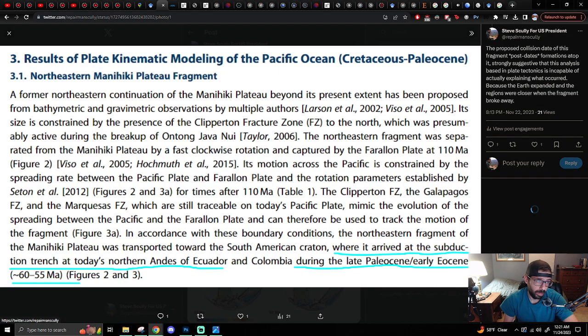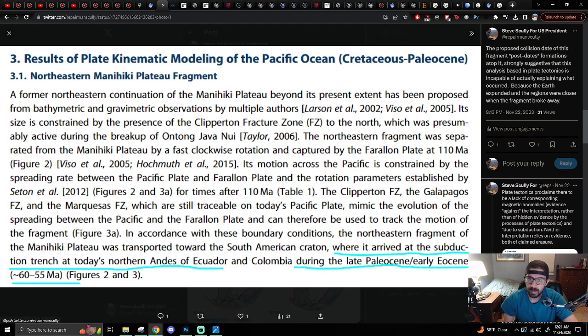So let's check out this next one. The proposed collision dates, I don't know if this is the most potent argument, let's say. The proposed collision date of this fragment post-dates formation atop it, strongly suggestive that this analysis based in plate tectonics is incapable of actually explaining what occurred, because the Earth expanded and the regions were closer when the fragment broke away.